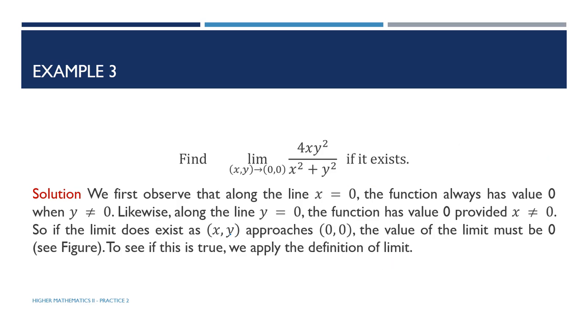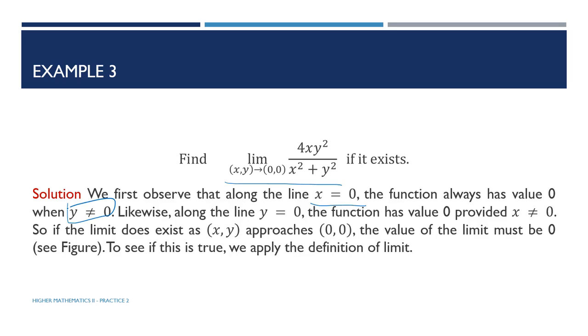So the next example tells us to calculate the limit, which is to find the limit when the point x y tends to 0, if it exists. We first observe that along the line x equals 0, the function always has value 0 when y is not equal to 0.